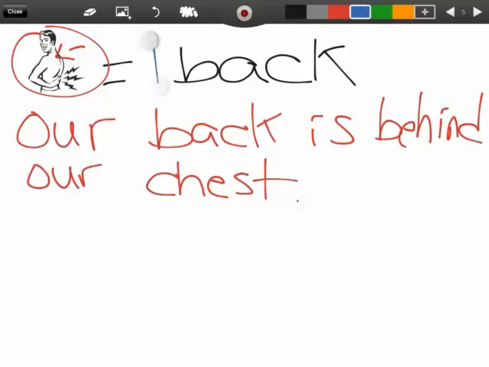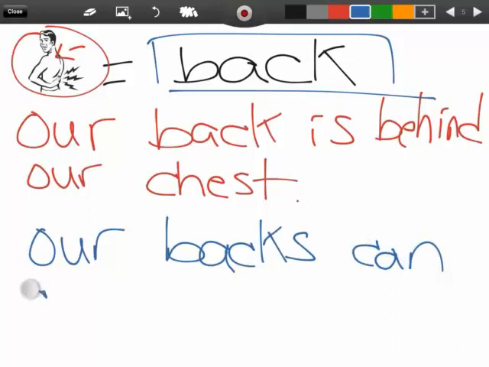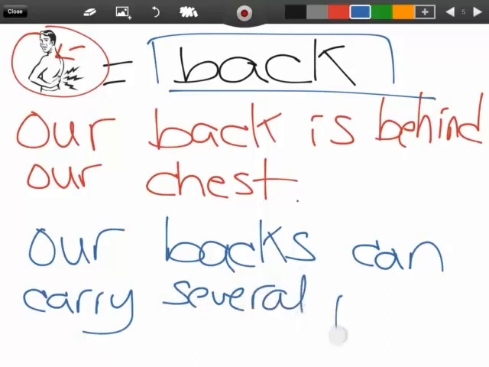And I'm going to go ahead and use back in a sentence. I'm going to go ahead and read that for you. Our backs can carry several pounds, and our back is behind our chest. It's located behind our chest.